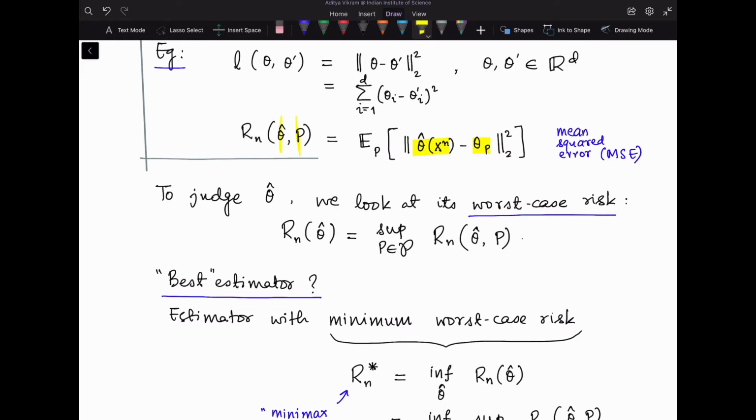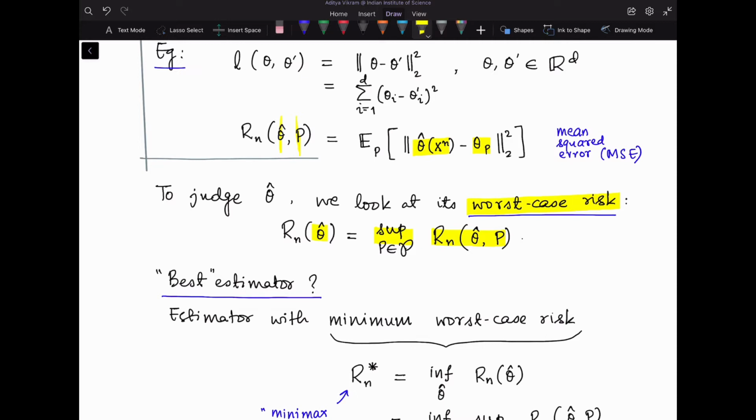It's basically a function, the risk function, that assigns a risk for each distribution. To judge an estimator, we want a single number, and so we look at its worst case risk. Given an estimator, compute its risk for every P and take the maximum risk. That is what we call the worst case risk of estimator theta hat.